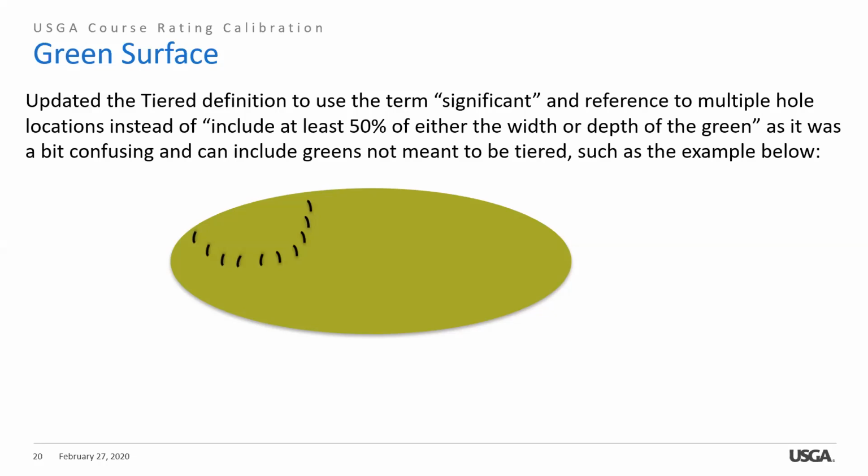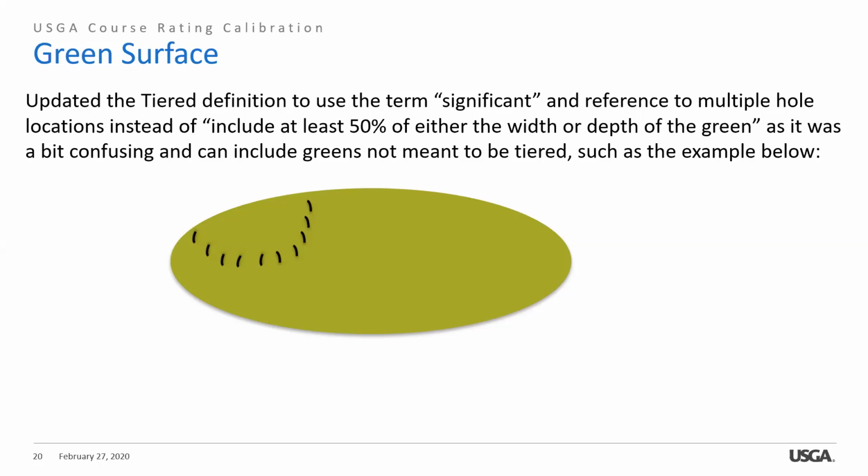So you have a scenario where you have a chunk of the green that fit all the definitions before, but maybe they only have the hole up there once every month or every couple weeks. Right. Yeah, exactly. And conversely, the tier does not necessarily have to go completely across the green either.